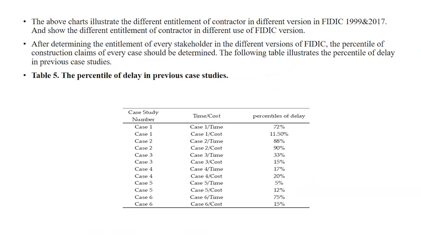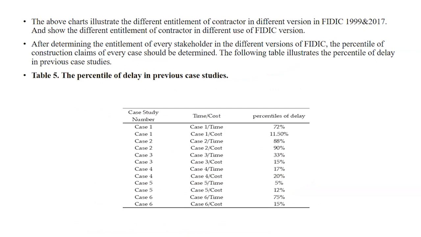The above charts illustrate the different entitlement of contractor in different versions of FIDIC. After determining the entitlement of every stakeholder in the different versions of FIDIC, the percentage of construction claims of every case should be determined. The following table illustrates the percentage of delay in previous case studies.